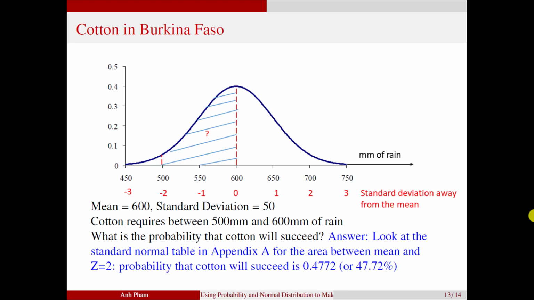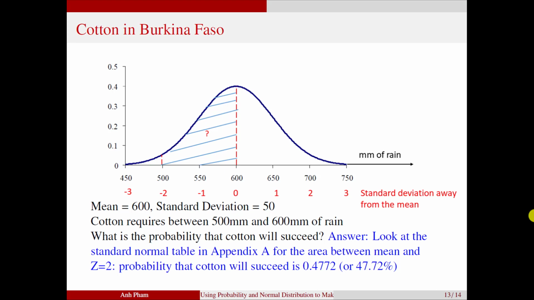The reason we look for a z-score of 2 instead of minus 2 is that the table doesn't report negative z-scores. It only reports positive z-scores. And since the normal distribution is symmetric around the mean, even without knowing how to read z equal to minus 2 on the table, we can use the area between mean and z when z is equal to positive 2.